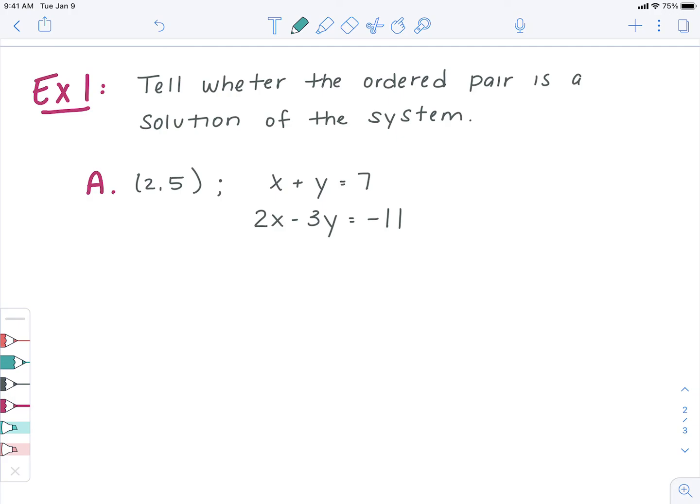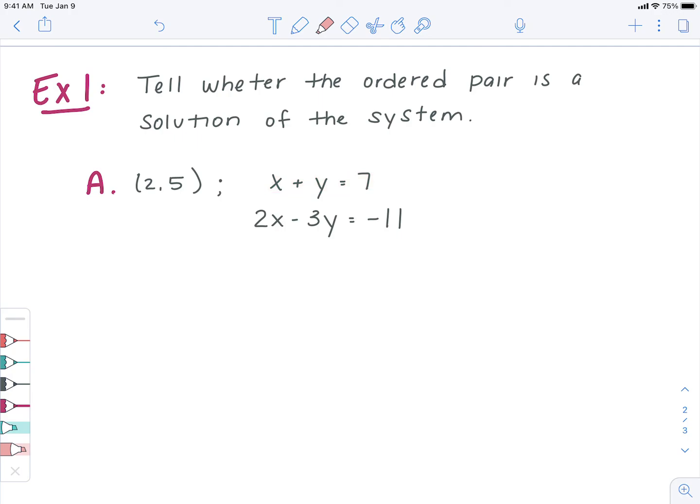For the top equation, x plus y equals 7, when I plug in 2 and 5, I have to get 7 on the left side. In order for it to be true, I have to get the same number on both sides of the equal sign. In order for it to be a solution, it has to be true for both equations.